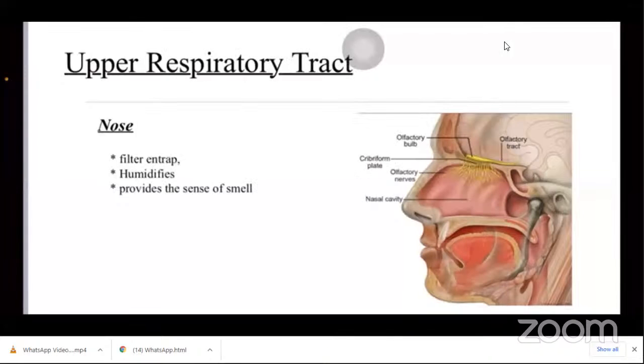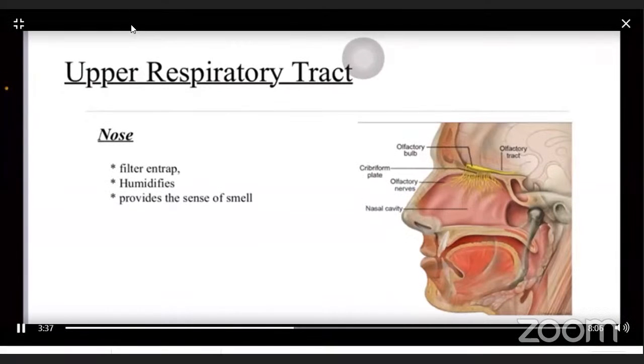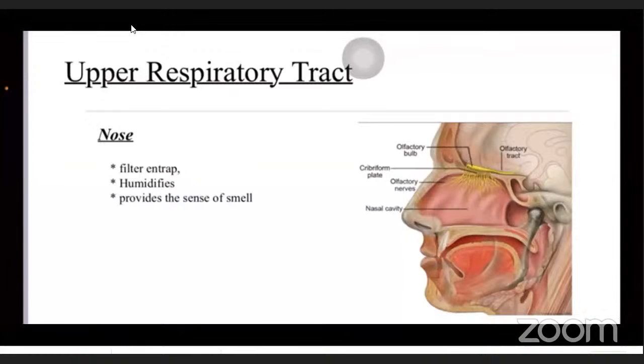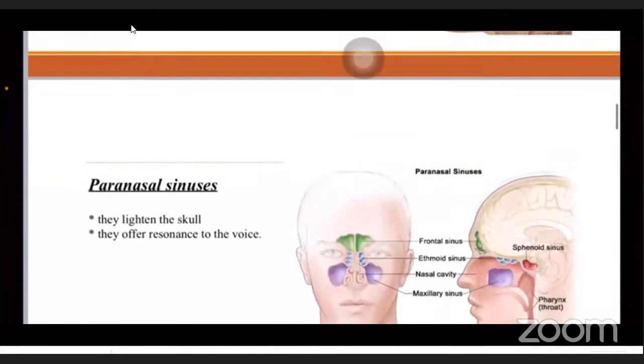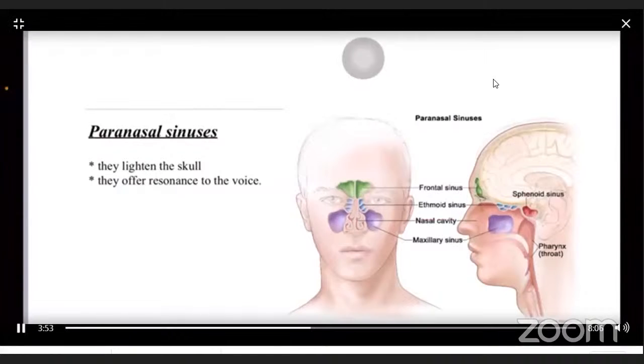And again, it provides a sense of smell. In the picture, you can see the olfactory nerves like a mesh, piercing inside and reaching the olfactory bulb, which is carried to the brain, where the whole olfactory circuit lies.